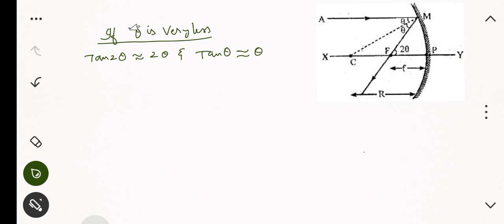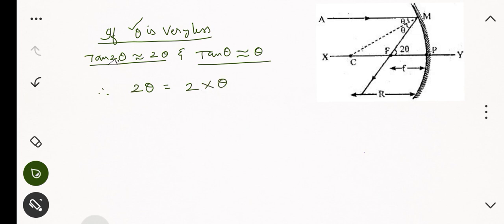Here theta is the angle of incidence. For a minimum angle of incidence, tan 2 theta must be approximately equal to 2 theta, and tan theta is approximately equal to theta.